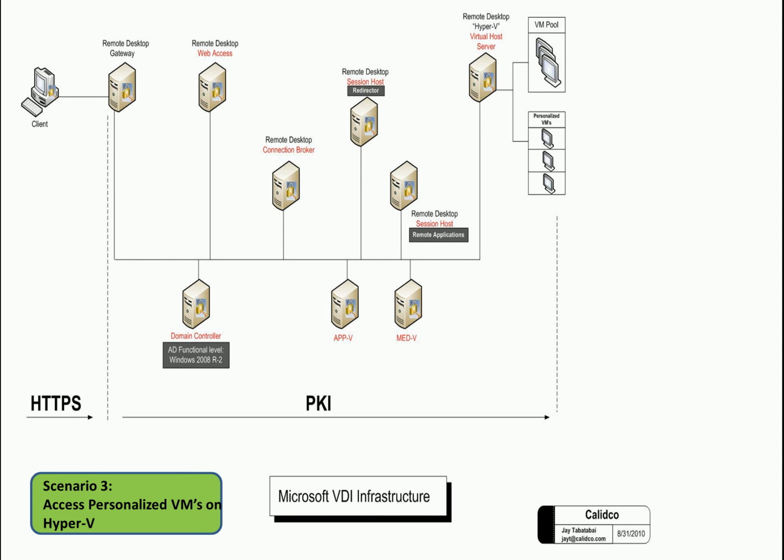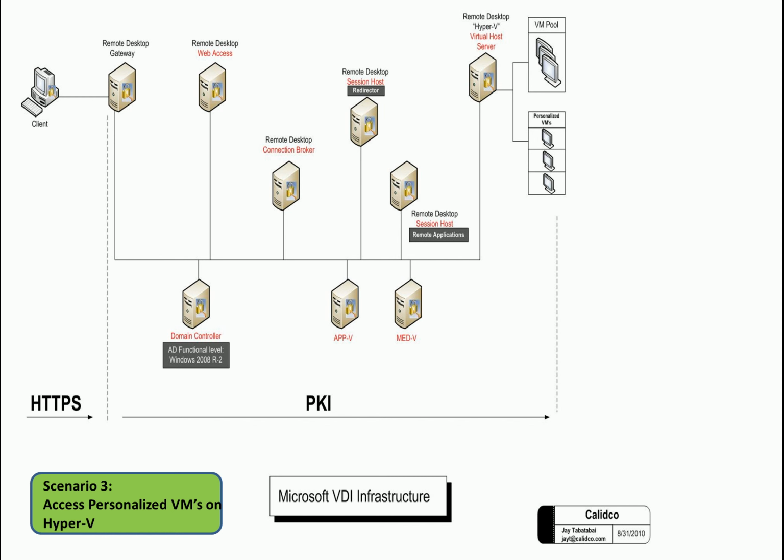The next scenario is accessing personalized virtual machines on Hyper-V. If the user has their own application that nobody else uses, then we have to assign the same desktop, with all those applications, to the user at all times.